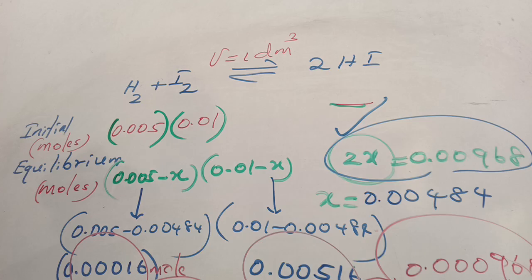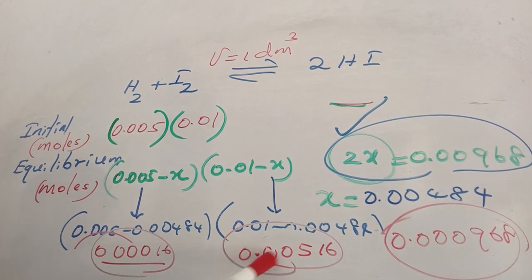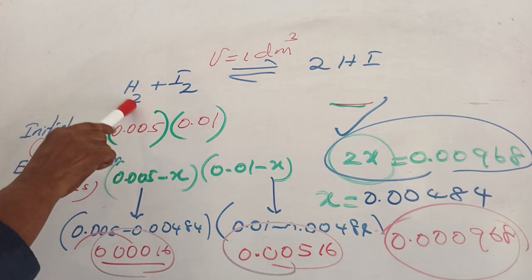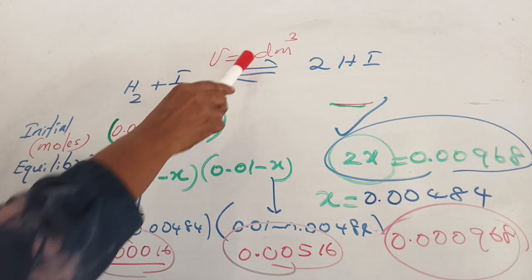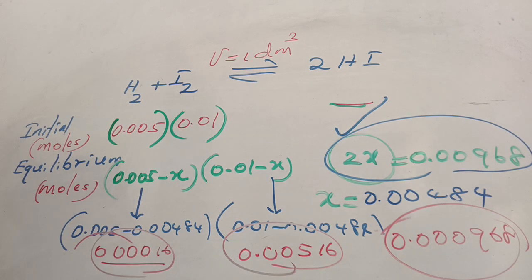When we divide the number of moles found for hydrogen, iodine and hydrogen iodide at equilibrium by the volume of 1 dm^3, we get the concentrations of all these three. We'll see how we can get the answer for Kc with its units.